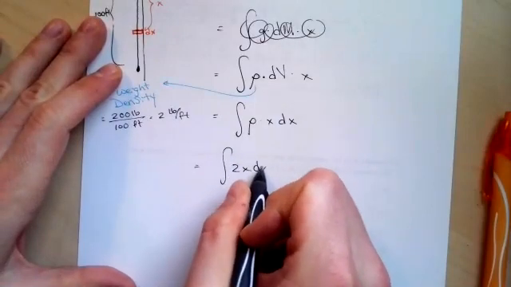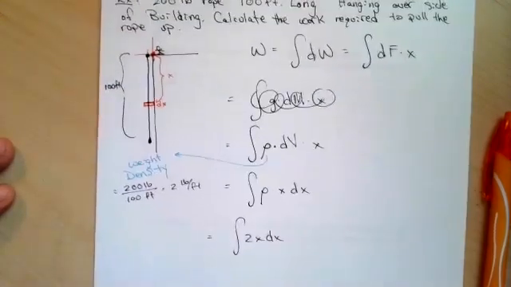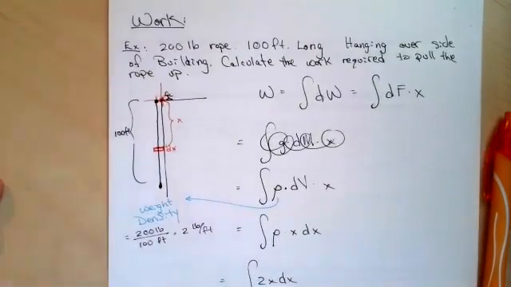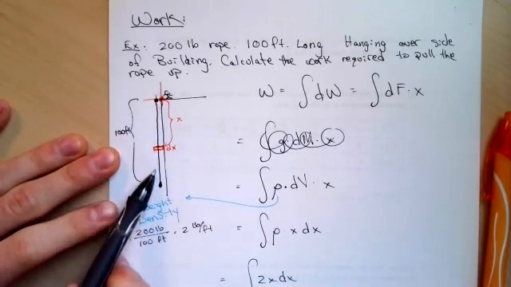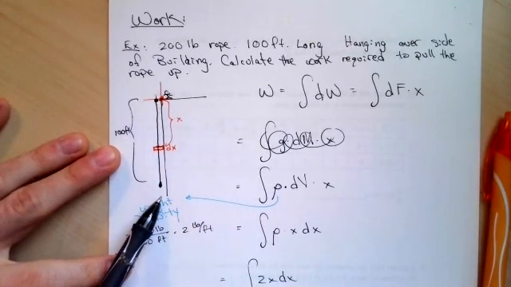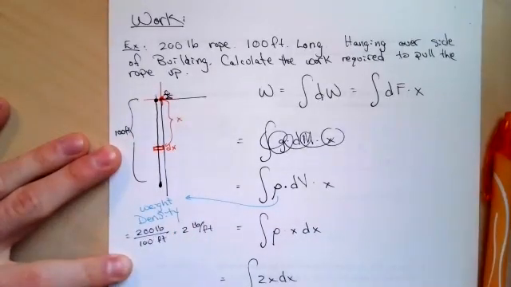So this one's easy enough to compute. Integral of 2x dx. Where are our bounds going to be? So this is something we got to be careful about, right? Because we chose a weird coordinate system. Our bounds start from here and then go positive x downward. So by the way we chose it, our bounds are going to go from 0 to 100.